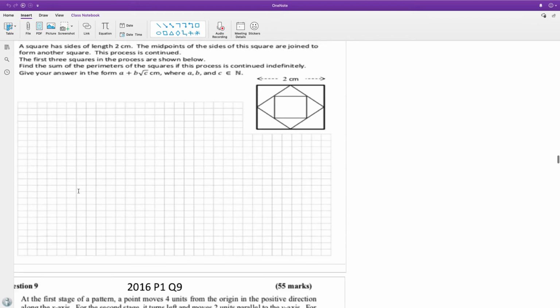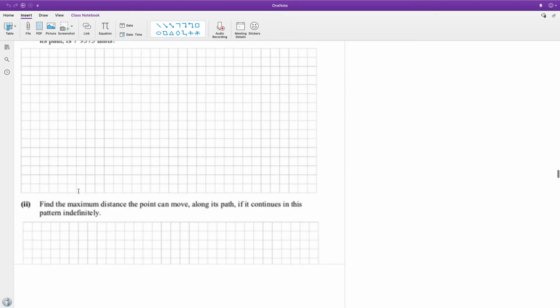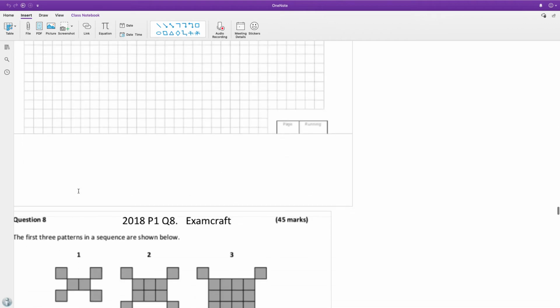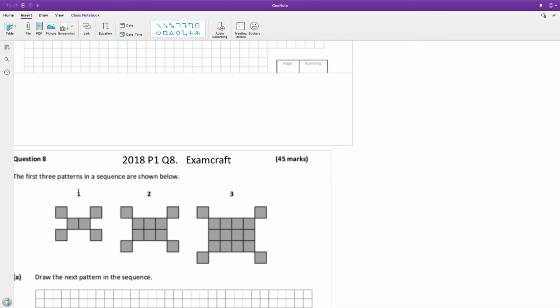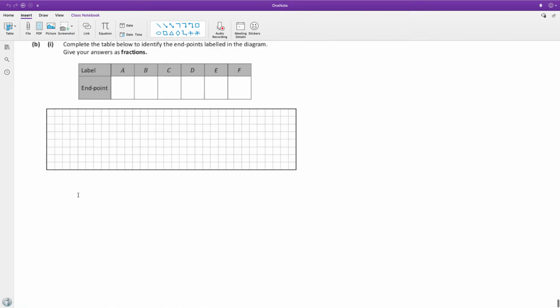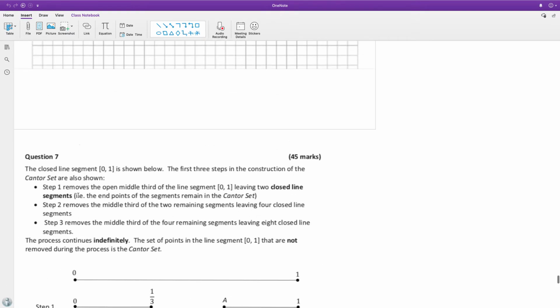2017 paper 1 question 4, 2016 paper 1 question 9, 2015 paper 1 question 1, and it didn't appear before 2015. So it has only come up in the last 3 or 4 years. I added it to the bottom. All the rest of the questions, they came up last year as question 7 for 45 marks.